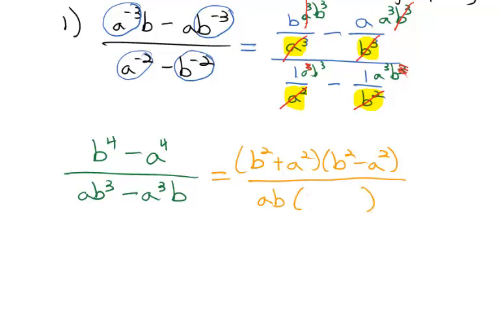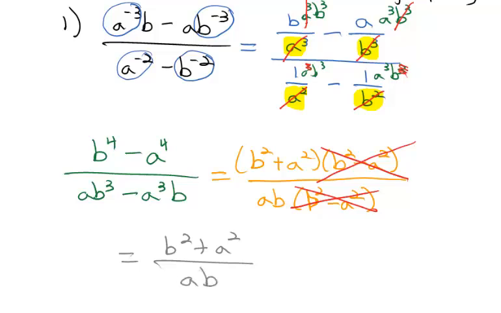When we factor out ab, we're left with b squared minus a squared, which is kind of nice. We could factor the difference of squares more, but those b squared minus a squareds are just going to divide out right now, leaving behind our final answer of b squared plus a squared over ab.